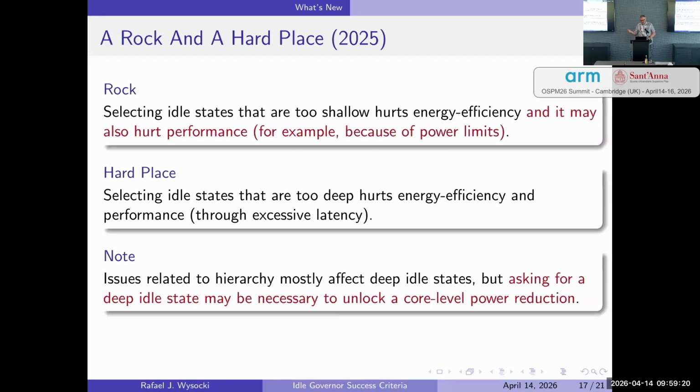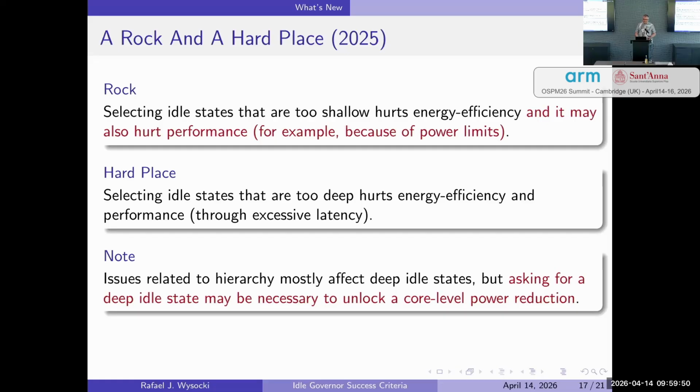Okay, and we have a new rule of thumb which needs to be extended to cover this power limit or power budget case, and which makes governor development a bit harder, because now you have to take this possible dependency on the power budget into account.